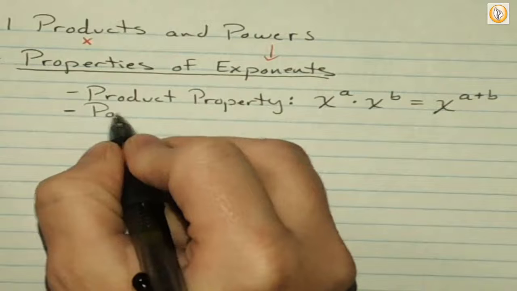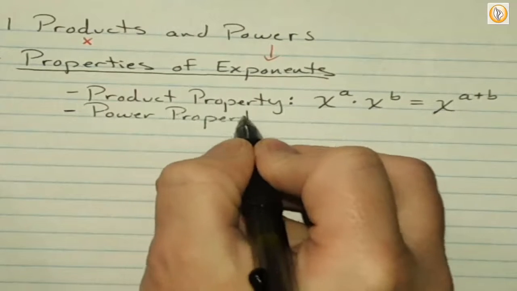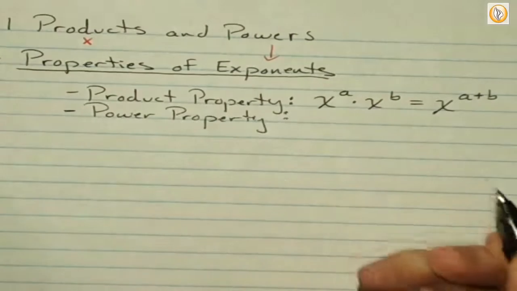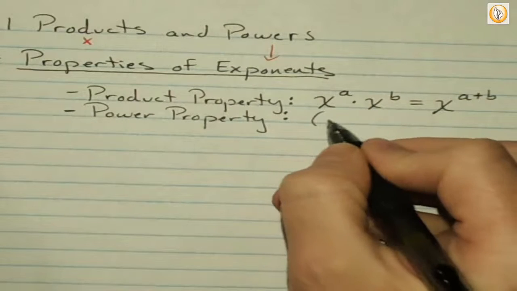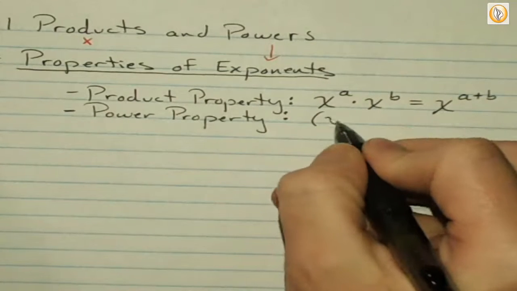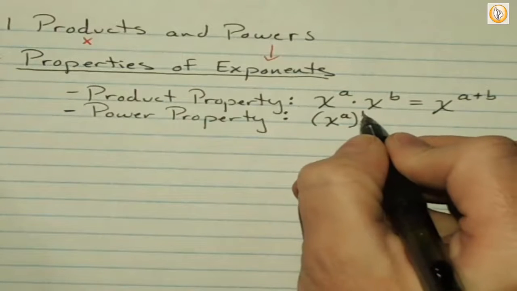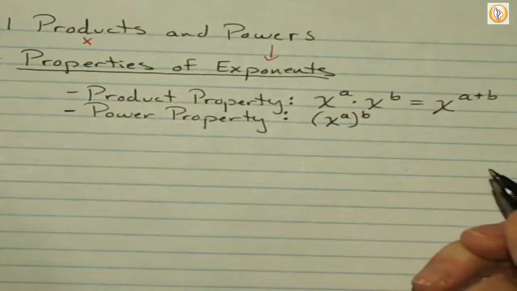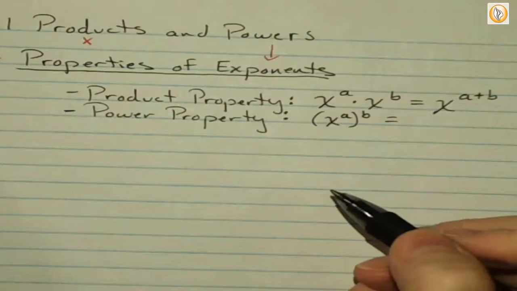And then the power property. This one is if you have something in parentheses, like X to the A power to the B power. Anyone raise their hand how you handle this situation?